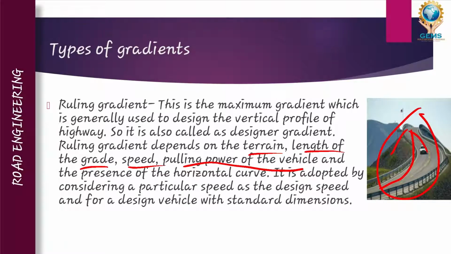If the pulling power of vehicles is not enough, vehicles will roll back in reverse and collapse. So according to the pulling power of the vehicle, the ruling gradient will be constructed, and the presence of horizontal curve also affects the vehicles going over that road. This is known as ruling gradient, as you can see in this image.